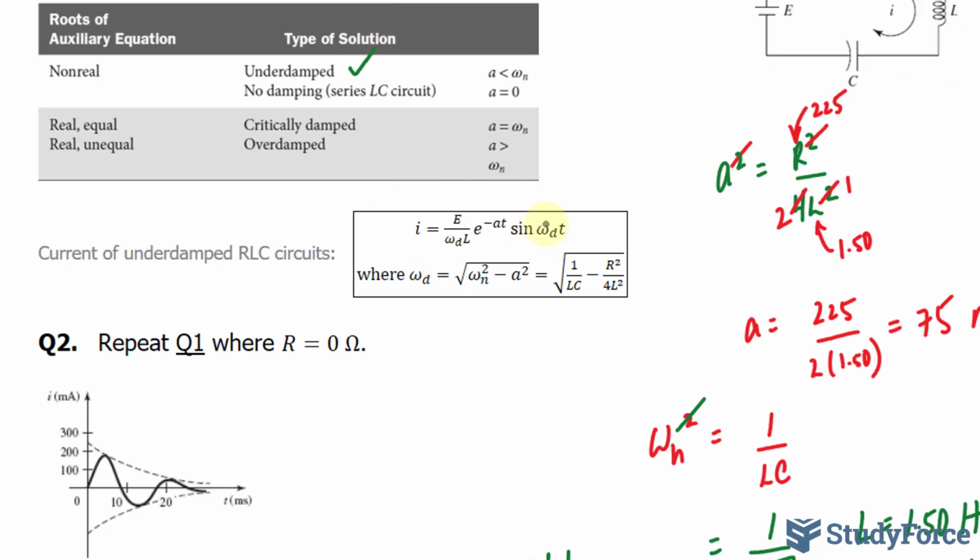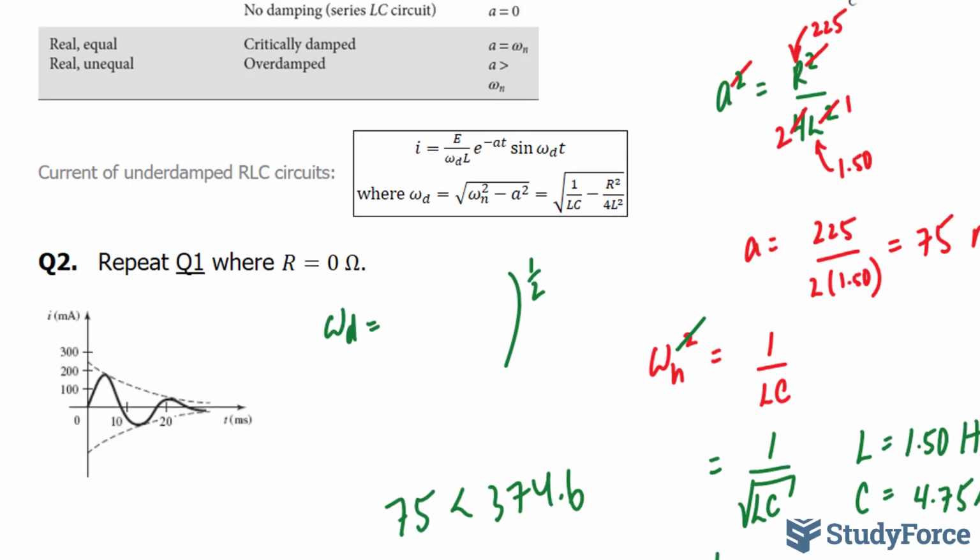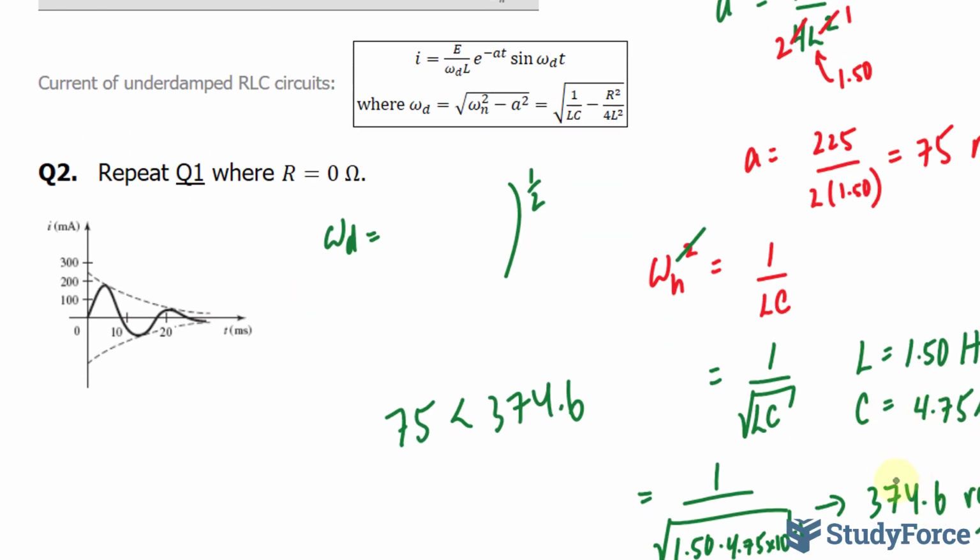According to this template, we need to find omega d, which is the frequency for our sine function. That's not hard to do. We'll use this formula next. We have omega d is equal to the square root, which I'll just raise to the power of half, of omega n to the power of 2, minus A to the power of 2. Omega n here is 374.6.